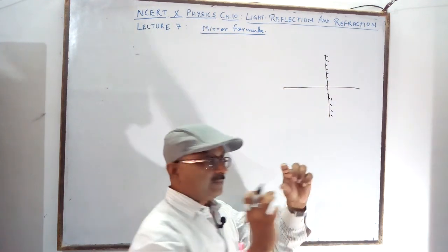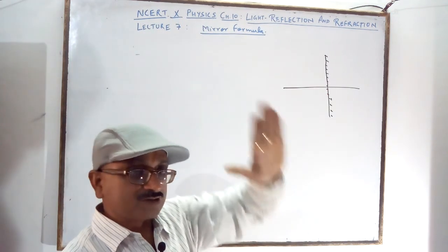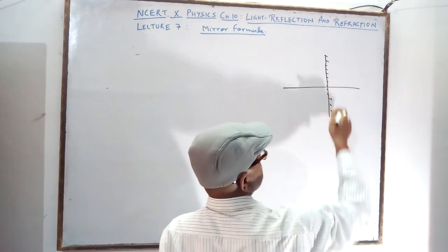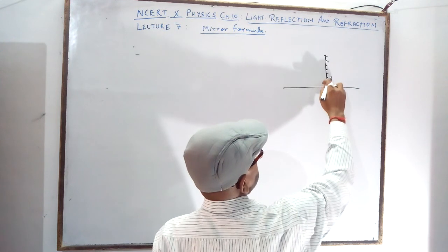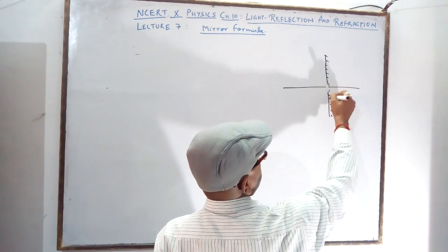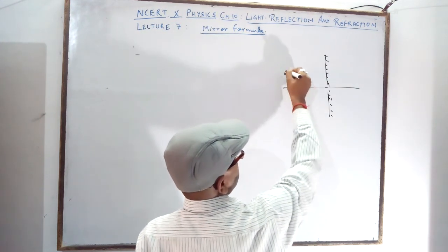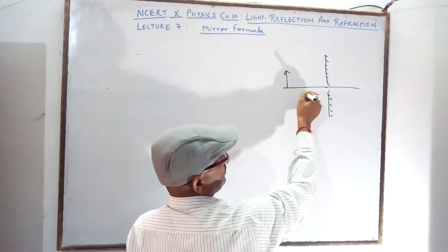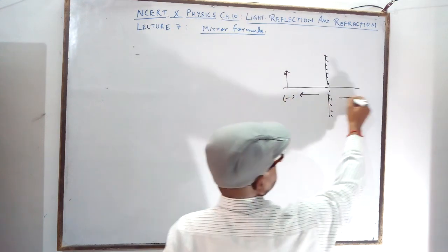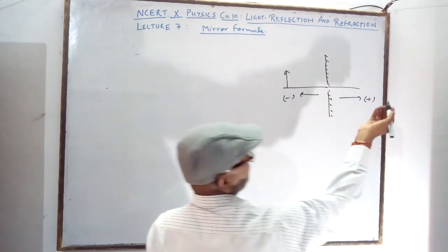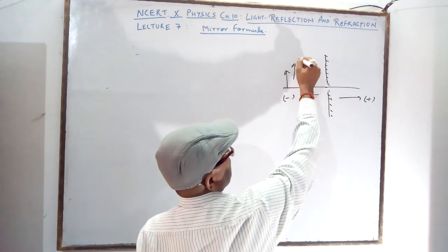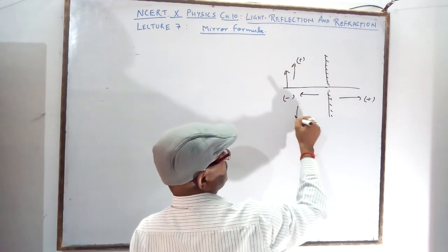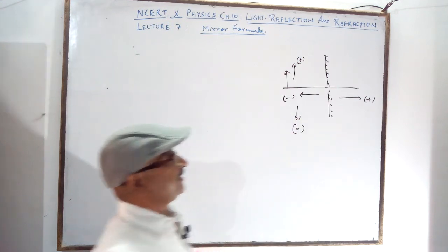A small part of a big mirror will be approximately straight, so take it as this line. If this side is polished, the object will be on this side. The side on which you measure the object is negative, and the other side is positive. Upper side height is always positive and lower side is always negative.